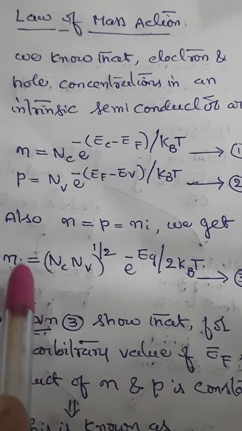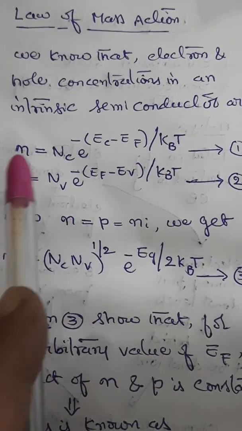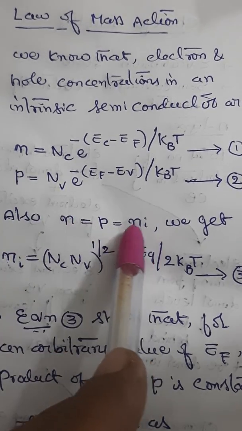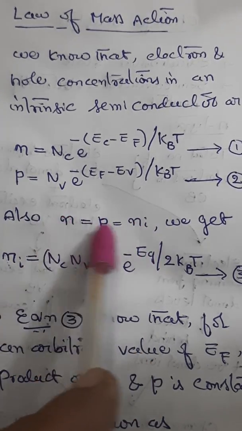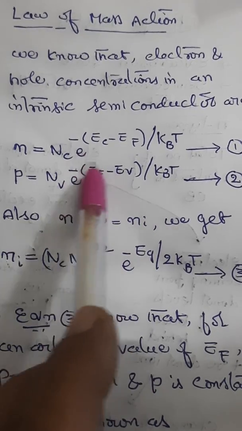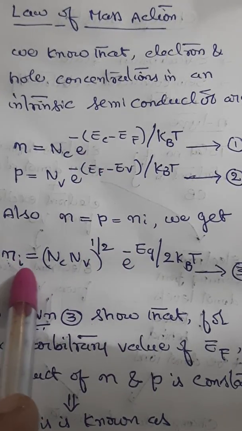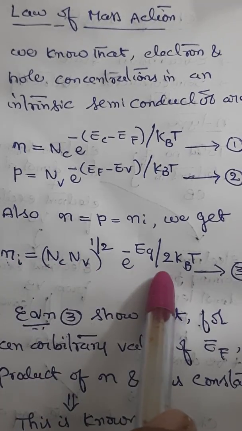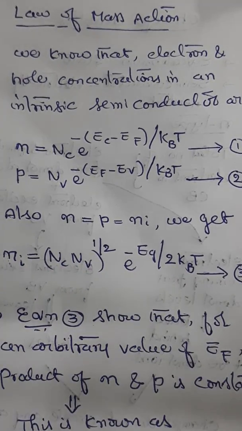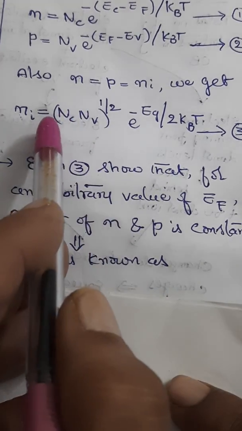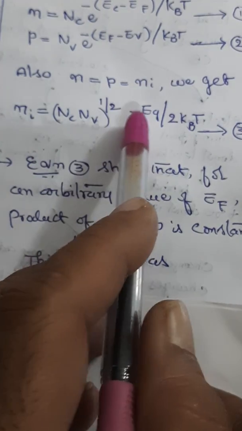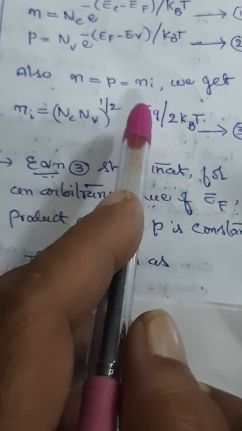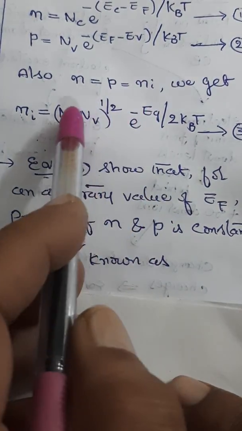And also we know that carrier concentrations of both electrons and holes are equal. That is what is referred to as Ni. Therefore, by substituting these two here, we will get the intrinsic carrier concentration like this. This relation shows that for any arbitrary value of EF, the product of N and P is a constant.